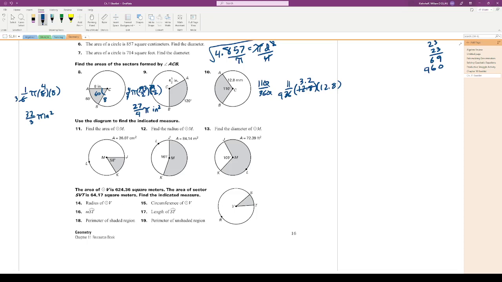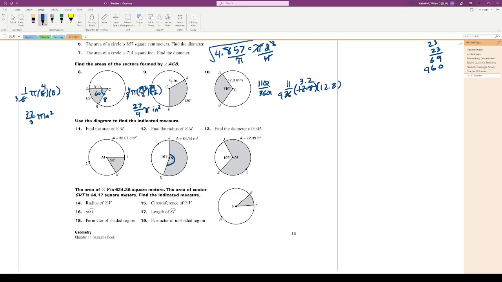Here, just watch out with major arcs that they may be giving us a degree measure bigger than 180. So, like on this, we're doing the same stuff. Oh, they're giving you areas, okay. But still, we're relating that area to this angle measure, not to the 161. We're relating it to 199.